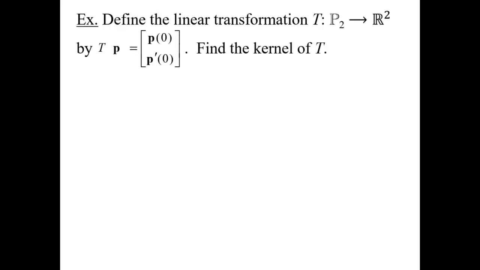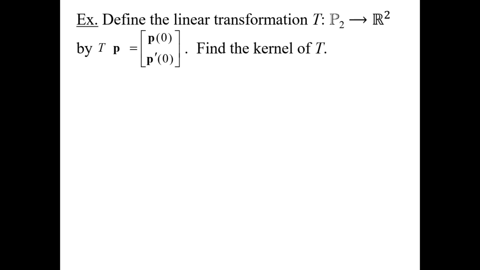Consider this situation. Let's define the linear transformation T from P2 to R squared. Remember, P2 was all polynomials of degree at most 2, so it's polynomials of degree 2, degree 1, or even the constant polynomials. And we're mapping them to R squared, which is 2 by 1 vectors.